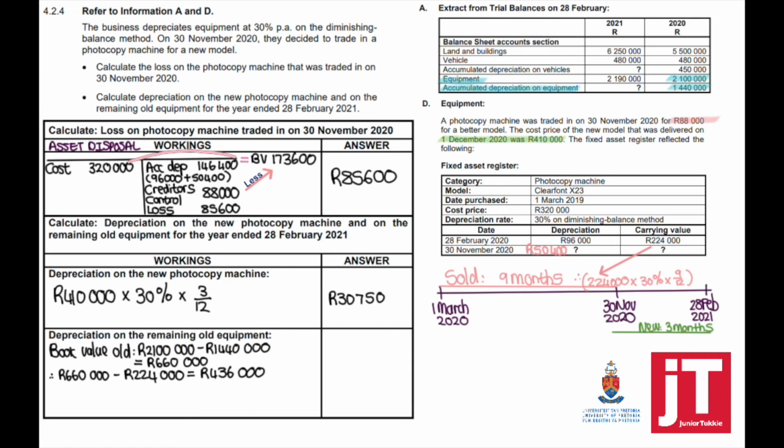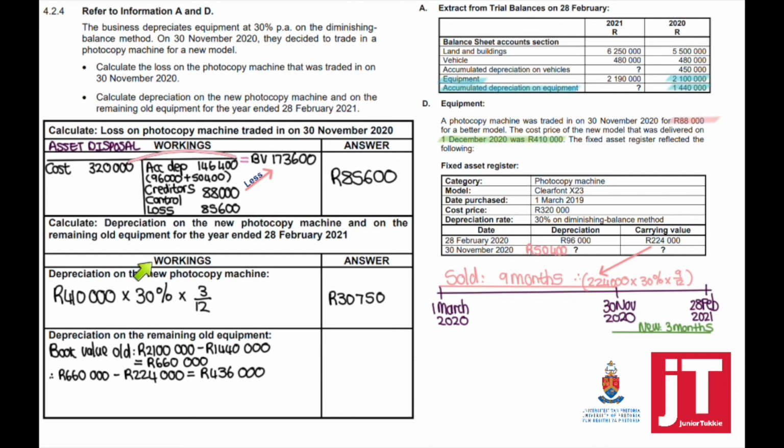So before I continue, let's go back one step again. We calculate the book value on our equipment by looking at information A. This is the balances in the beginning.